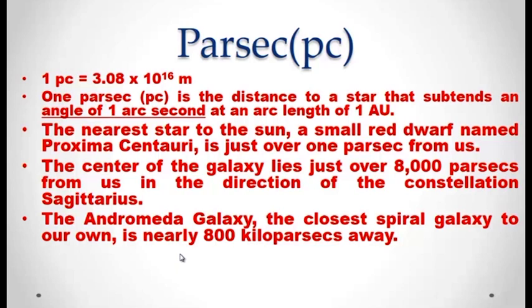This parsec unit is obtained from the concept of the parallax method. You know, parallax means deviation in the position of an object when it is viewed from two different positions.